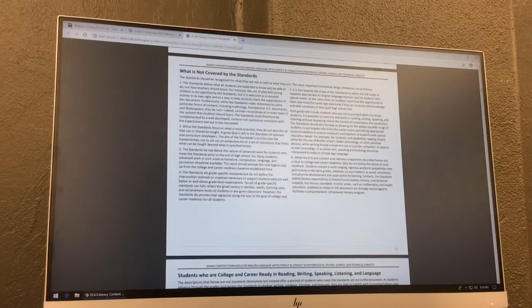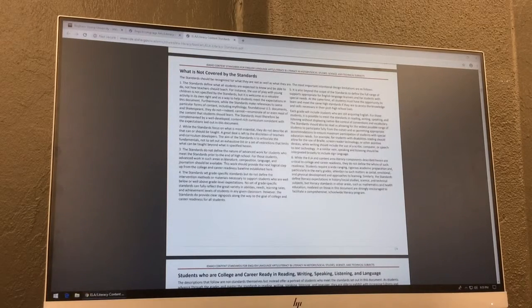They cannot enumerate all or even most of the content that students should learn. There should be a content-rich curriculum. Teachers can decide how to teach to those standards. While the standards focus on what is most essential, they do not describe all that can or should be taught. It just gives a baseline to start with.